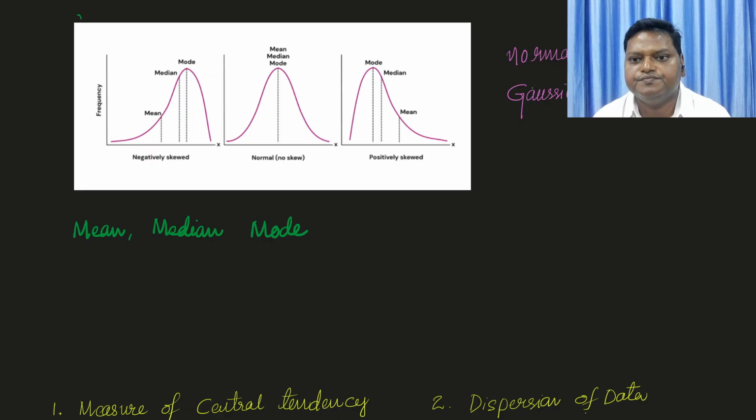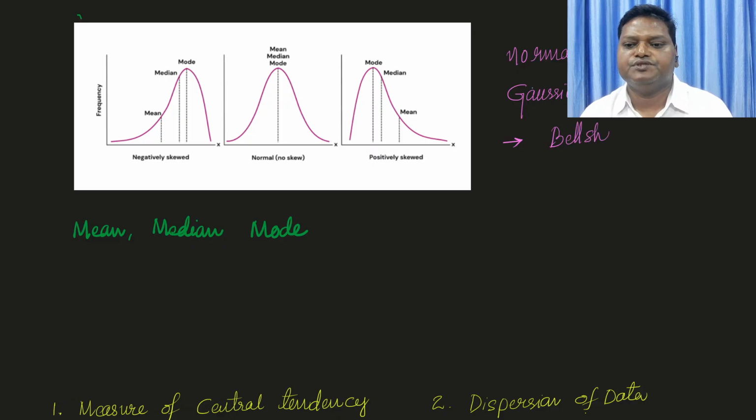Generally, all natural distributions, for example the height of people, are a bell-shaped curve. You can see here in the diagram, the bell-shaped curve. That means most data will be near the mean. That is the bell-shaped curve.